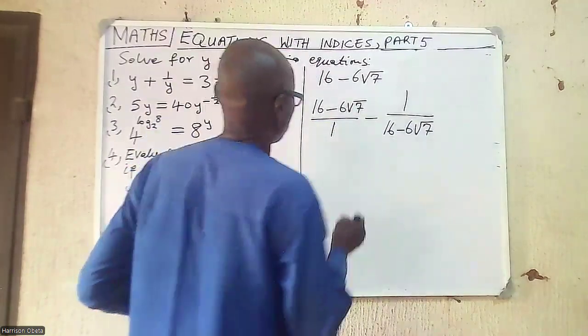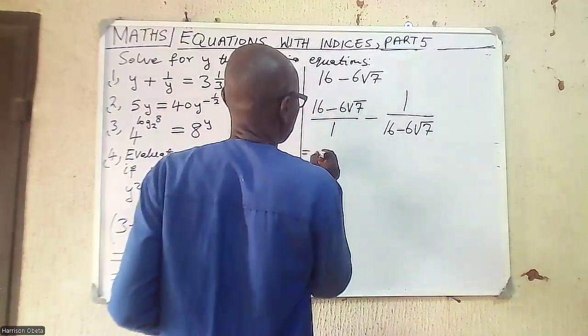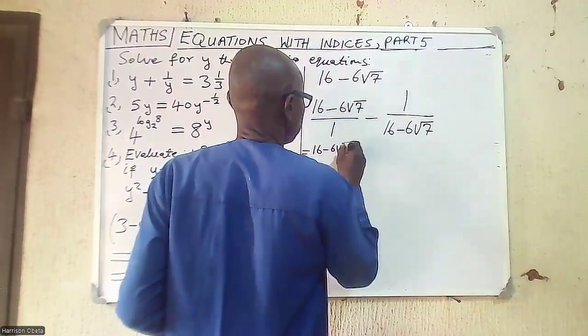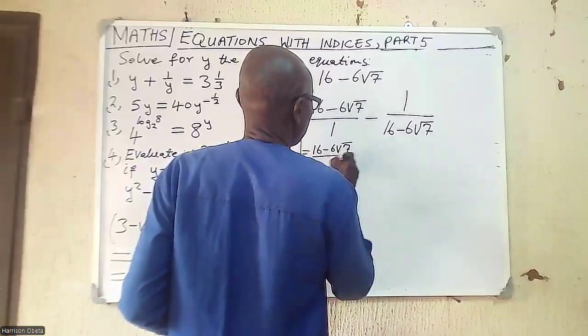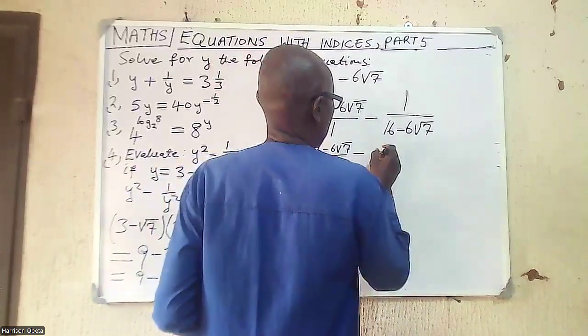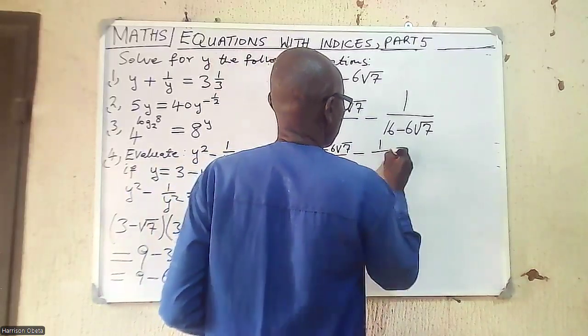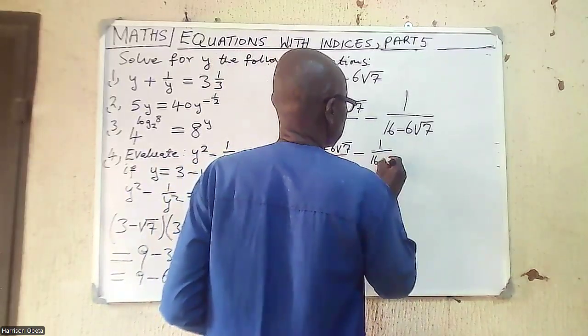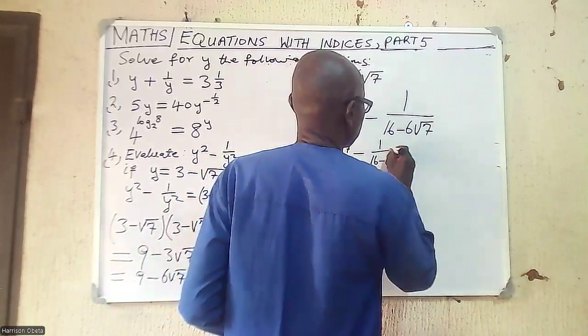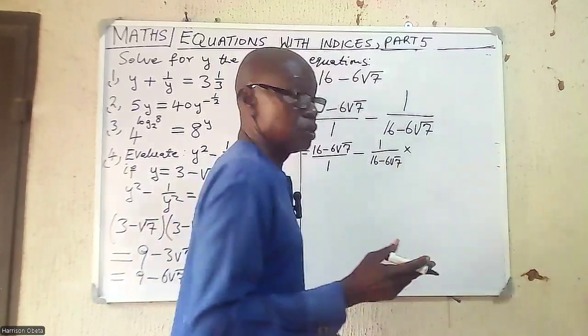So this will now give us (16 minus 6 root 7) all over 1 minus 1 over 16 minus 6 root 7, times the conjugate.